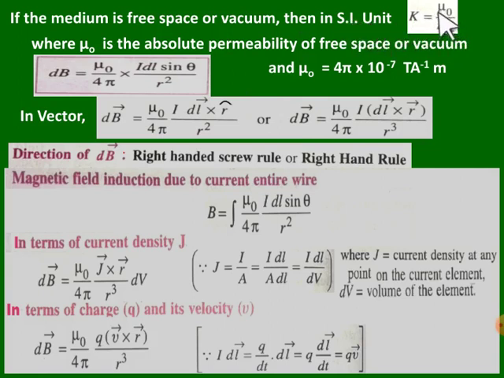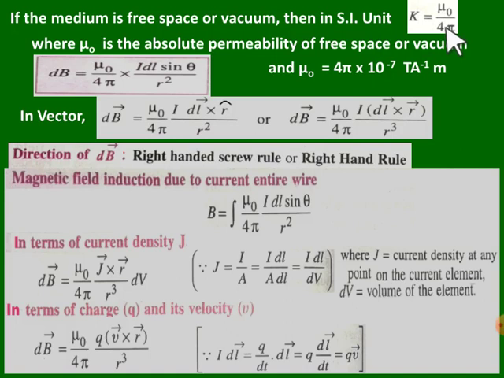It depends upon the medium as well as the system of units chosen. So if we make the medium between the current element and the position vector vacuum or free space, then in SI unit it will be equal to mu naught by 4 pi.